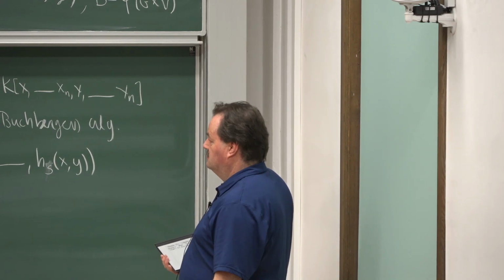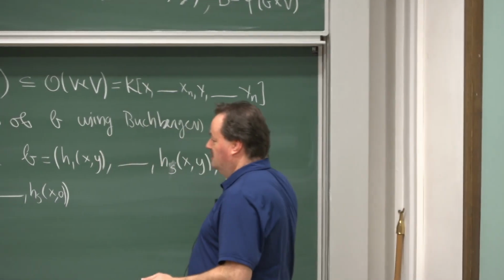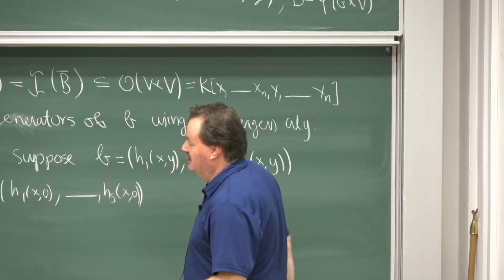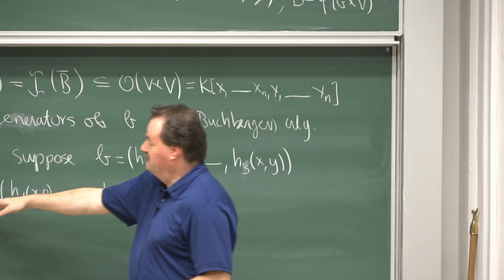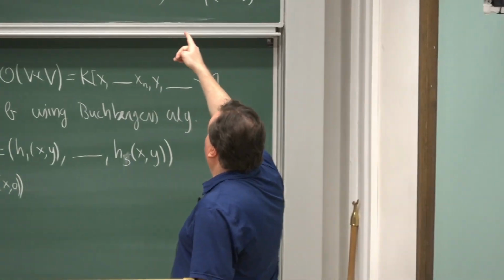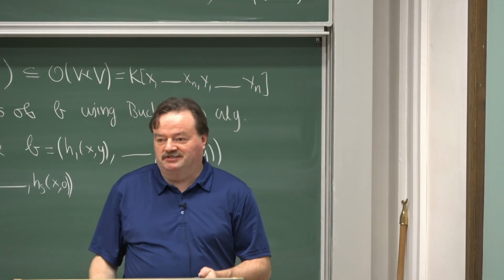So once you have this Gröbner basis of this ideal, or any generators of this ideal, then immediately you get generators of this ideal I, and then you just apply the Reynolds operator to these generators, and then you get generating invariants.